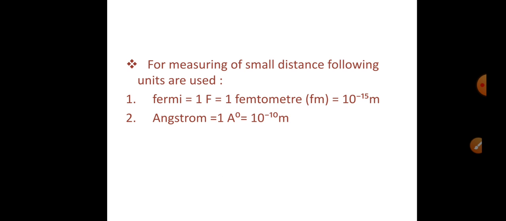Fermi is a unit for small quantities, also written as 1 femtometer. 1 Fermi is equal to 10 raised to minus 15 meter, and another unit is the angstrom. 1 angstrom is equal to 10 raised to minus 10 meter. These are the measurements of small and large distances. We studied here the measurement of length.